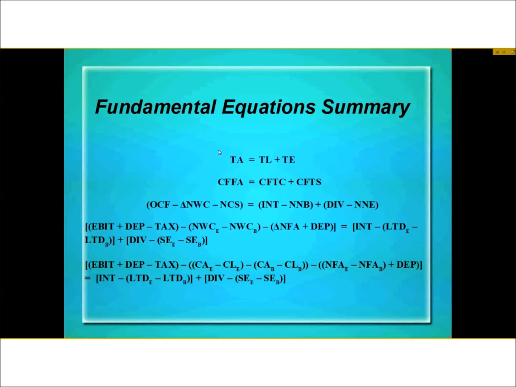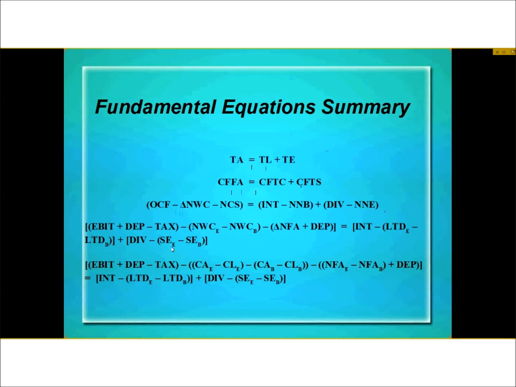Now here are the fundamental equations we use in these 2 problems. Total assets equals total liabilities plus total equity. Cash flow from assets equals cash flow to creditors plus cash flow to stockholders. OCF minus change in net working capital minus net capital spending is equal to interest minus net new borrowing plus dividends minus net new equity.